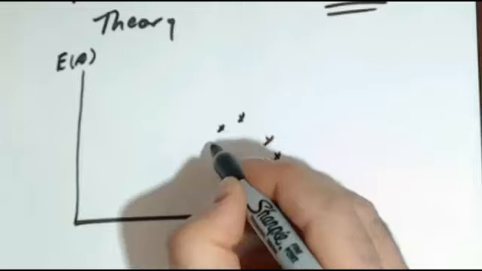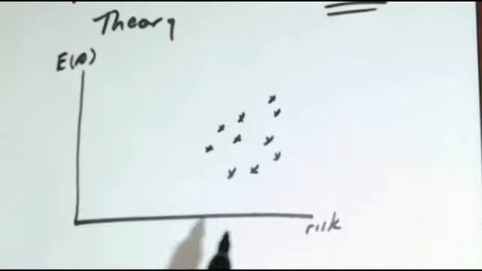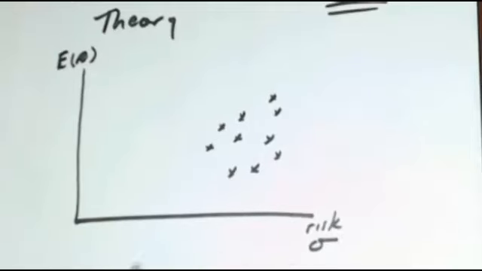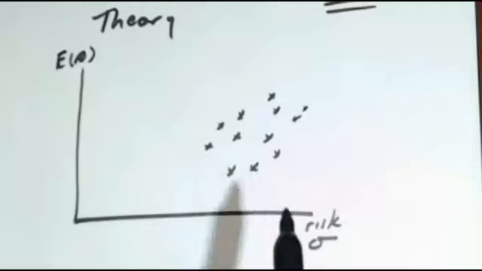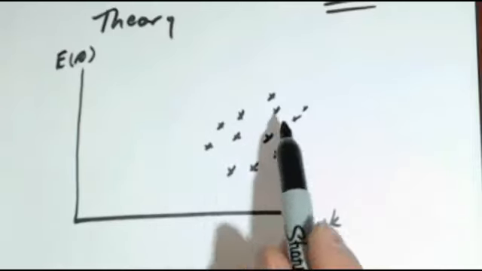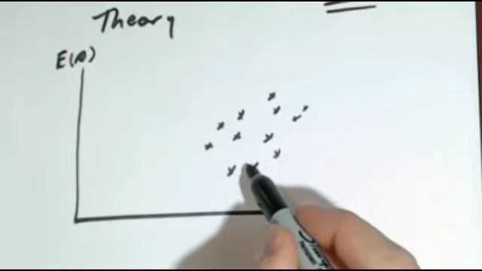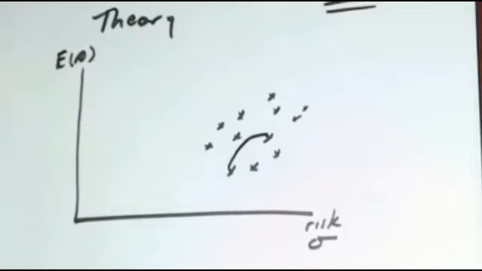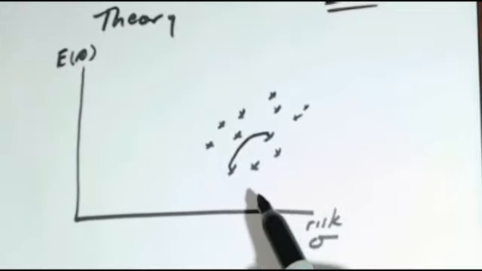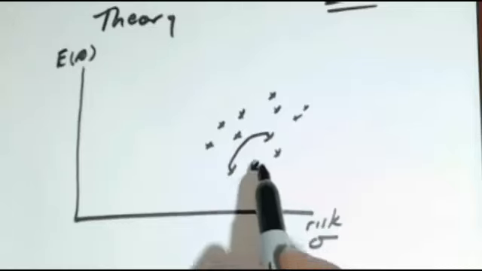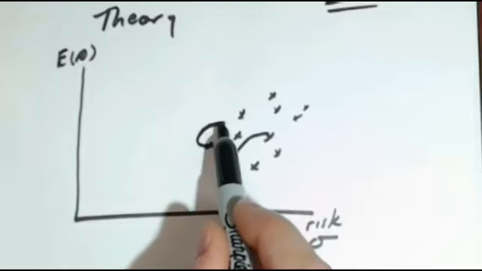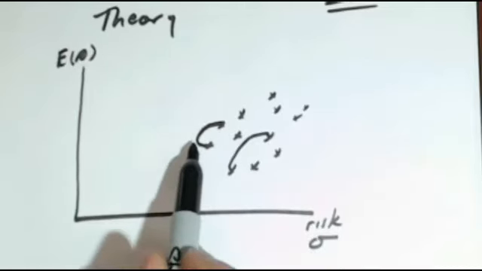individual stocks, the X's. They have a fair amount of risk, and risk is measured by sigma here, total risk, standard deviation. So you have these individual stocks, and if we form a portfolio between two of these, for example, because the correlations on average are less than 1, we get some benefits of diversification, and we can have this bowed out shape in some cases, depending on the correlation.